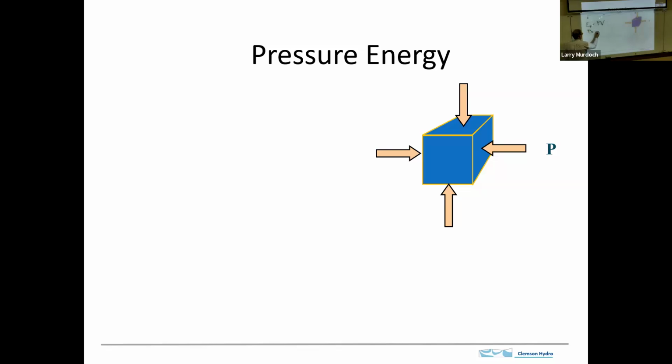So pressure is the force per area, and force is mass times acceleration, and we divide by length squared.